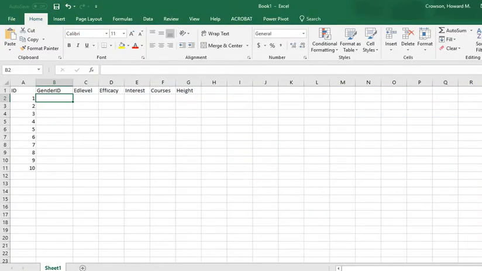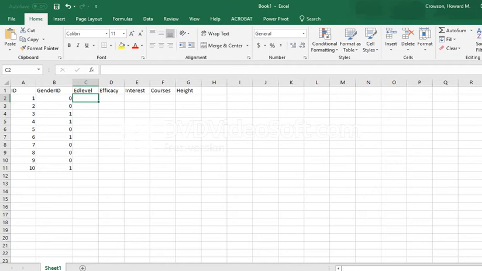I'm going to type in 0 for person 1, 0 for person 2. Those two people identify as male. Then 2 persons identifying as female, then male, and then female, and then 3 more identifying as male, and then 1 as female. So that's essentially all it is to it. I just typed in the values and used the down arrow key to enter those values in.